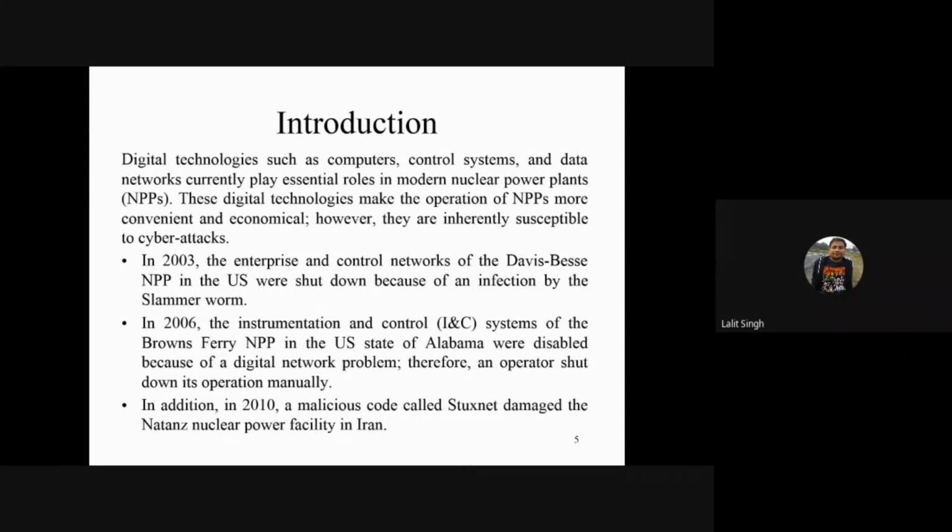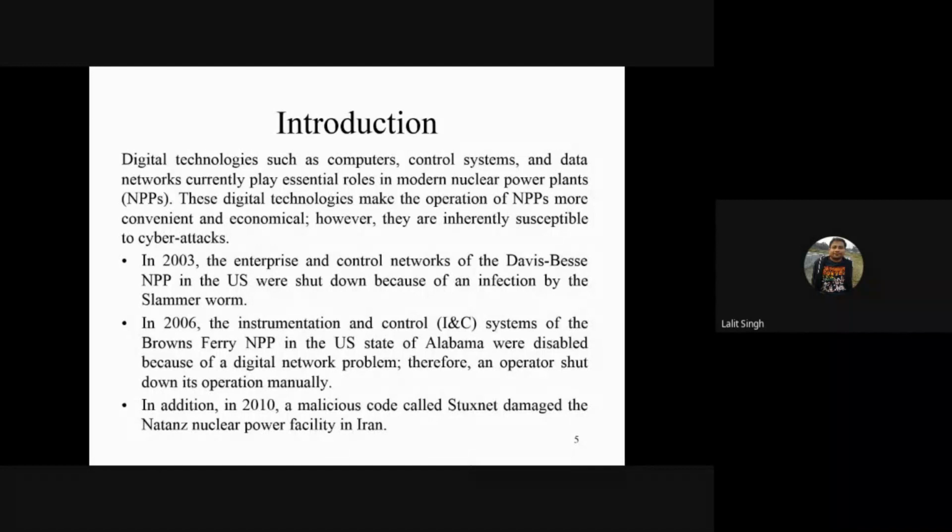In the same way, in 2006, the instrumentation and control system of the Browns Ferry nuclear power plant in the US state of Alabama was disabled because of a digital network problem, and therefore the operator had to shut down the nuclear reactor to ensure safety.